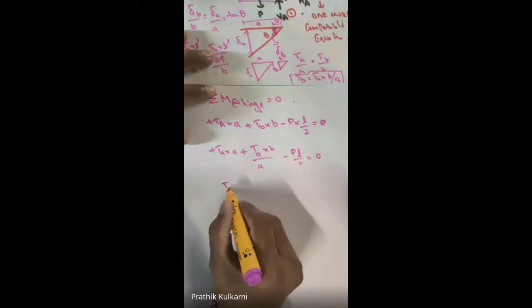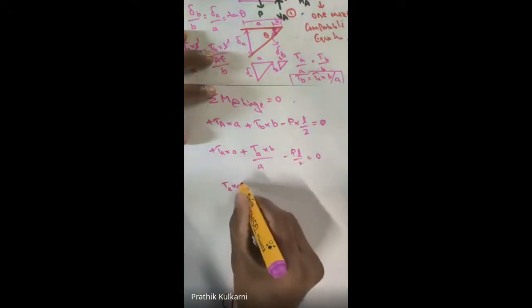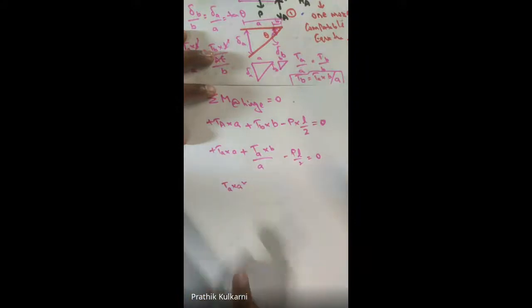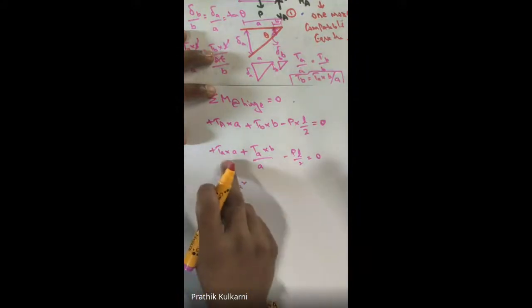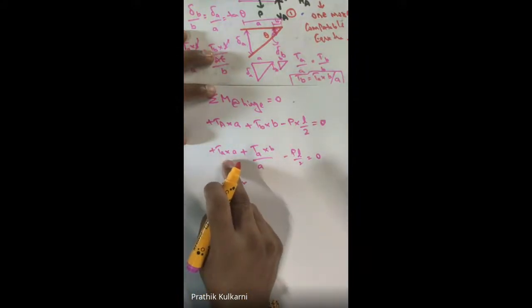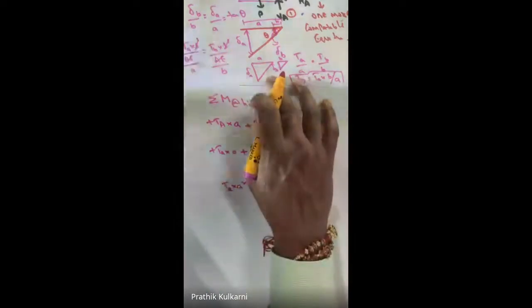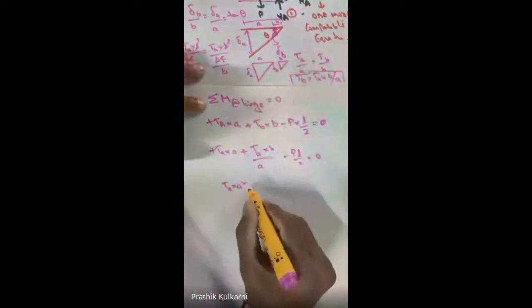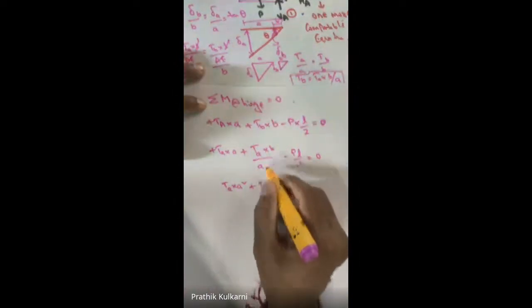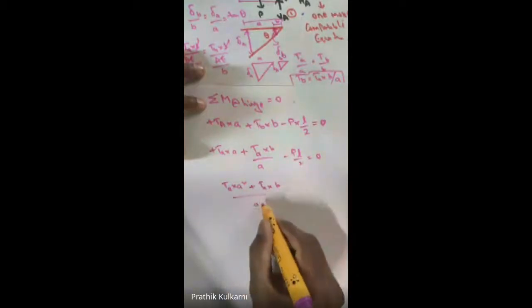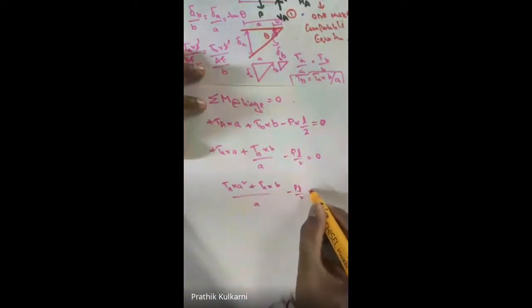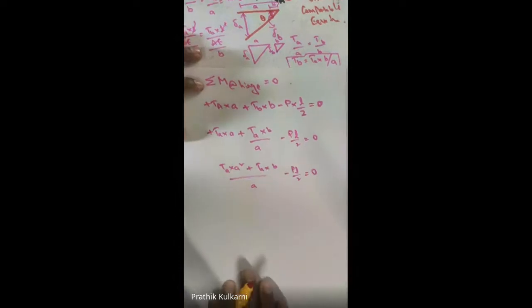So what we'll get: TA into a square, here a square will come, right? So TA into, if you look here, you will be getting it as L square plus TA into we have b by a minus Pl by 2, which is equal to 0.